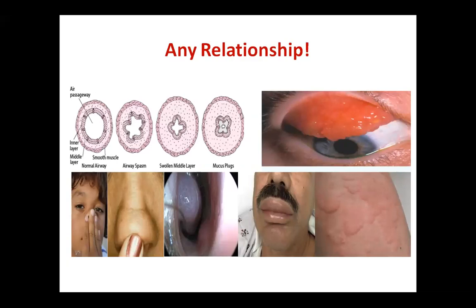But before starting my presentation, I just want to ask respected delegates, is there any relationship between all these pictures? Anyone can unmute and let us know what is the relationship between this 1, 2, 3, 4 and 5 pictures.